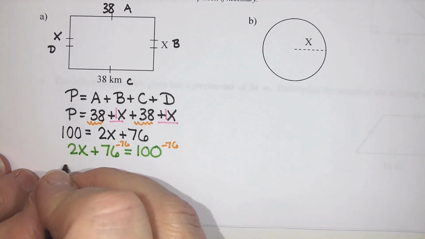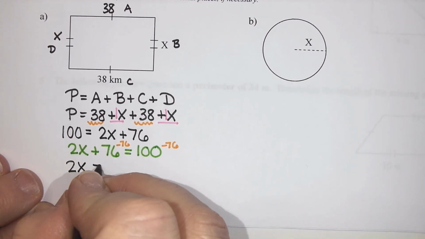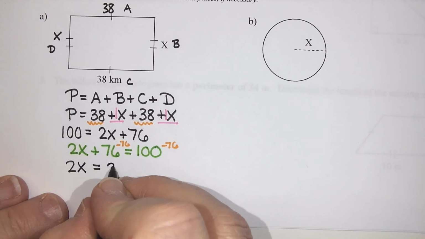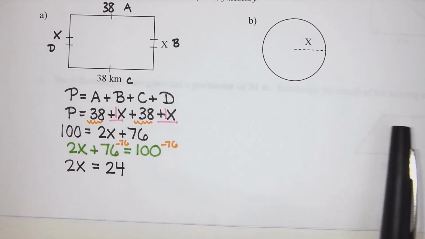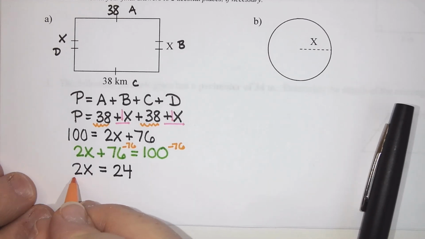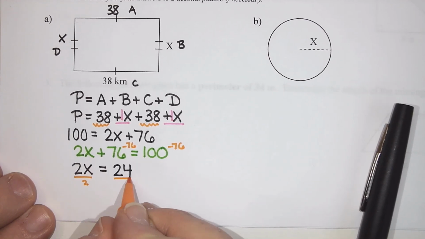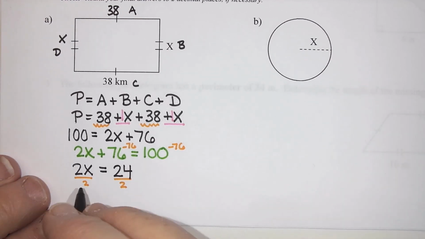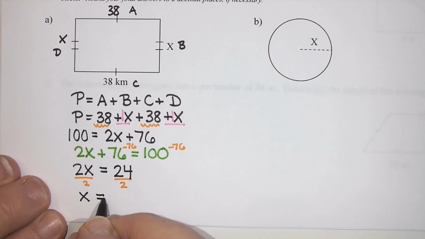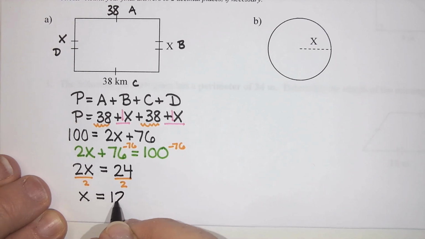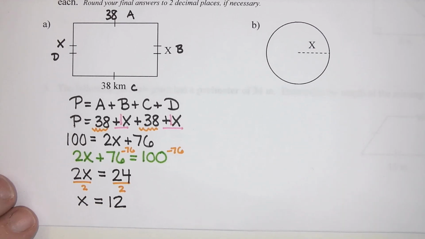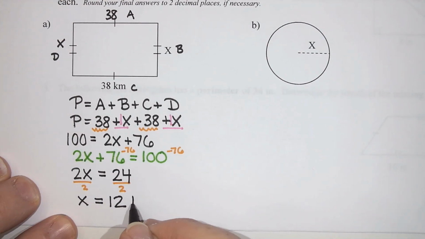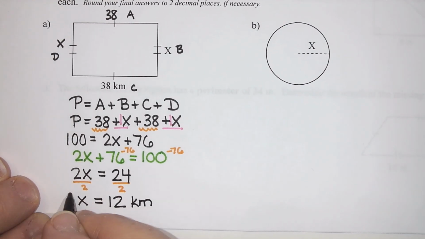And I will get 2x equals 100 take away 76, which is 24. Then I am going to divide both sides by 2 to cancel out that multiply by 2. And we're going to get that x equals 24 divided by 2, which is 12. So that means that x is 12 kilometers, since the unit in the question was kilometers.